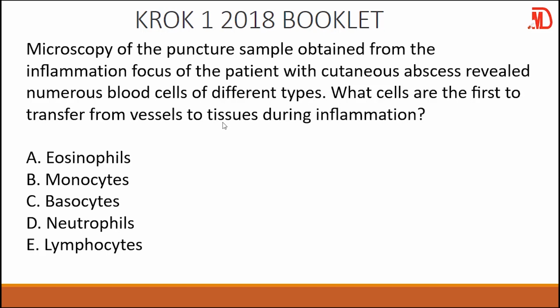Usually, neutrophils are the first leukocytes that cross the blood vessel wall to enter the inflammatory site. This is followed by monocytes or macrophages, and thirdly by lymphocytes. So over here, our answer should be D, neutrophils.